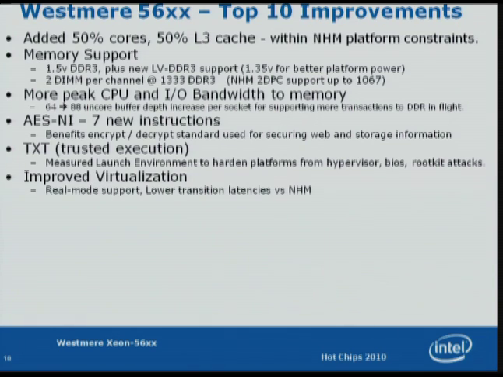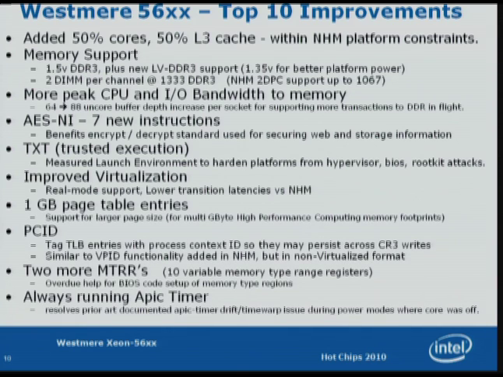And then the other item is the virtualization support. For other items, I'm not going to hit these at all today, but the larger page size support was added for the high performance HPC apps, which have the very large memory footprints. They like a little bit larger page size. PCID is ability to reduce the thrashing of the page tables if you're context switching frequently.